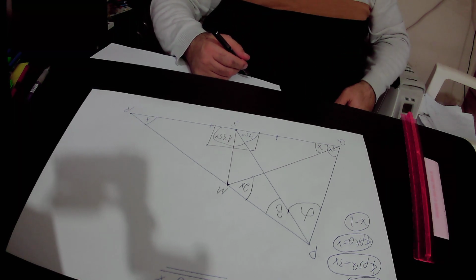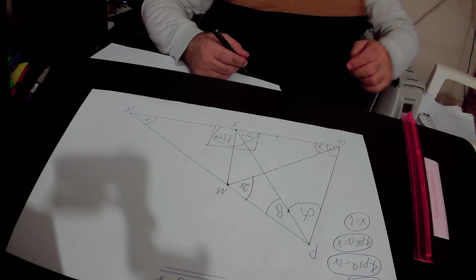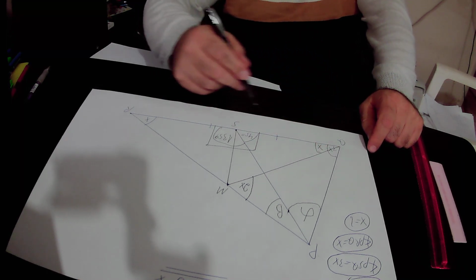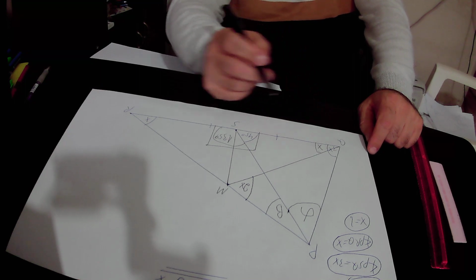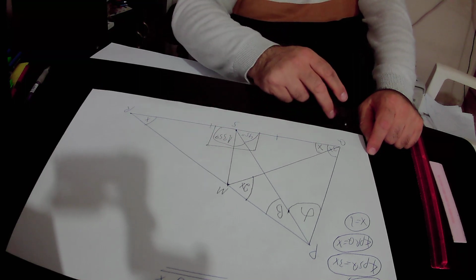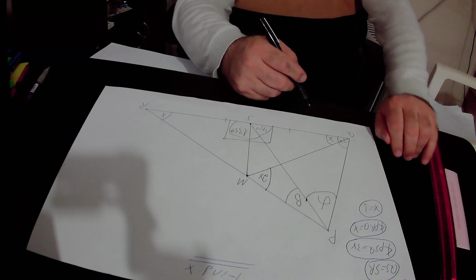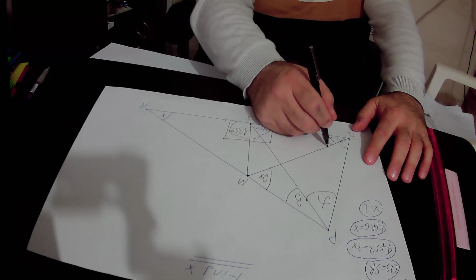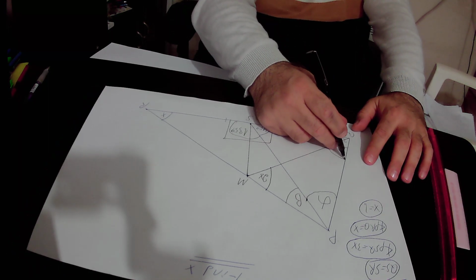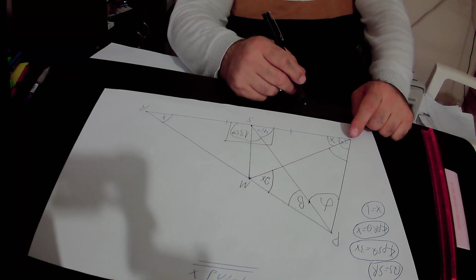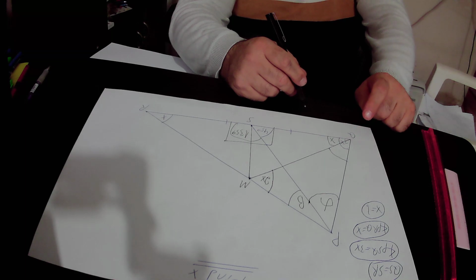And here we actually know that angle PQS is equal to 3x. Angle MQS equals x. So this angle will be the difference between 3x and x.